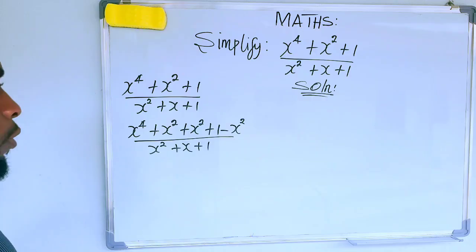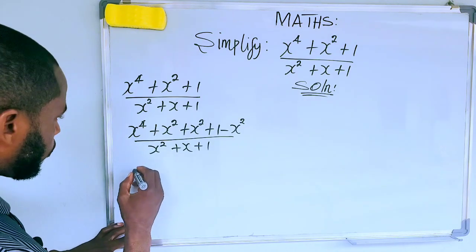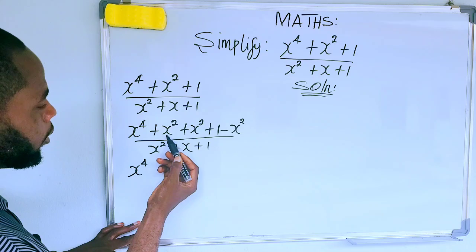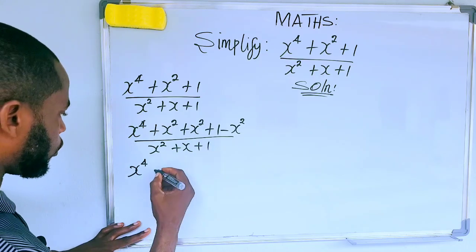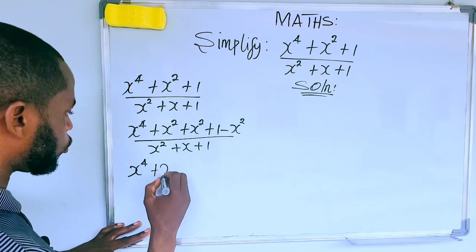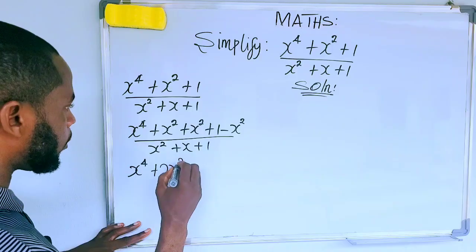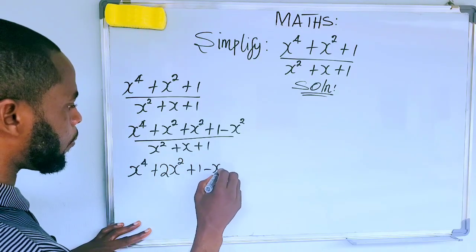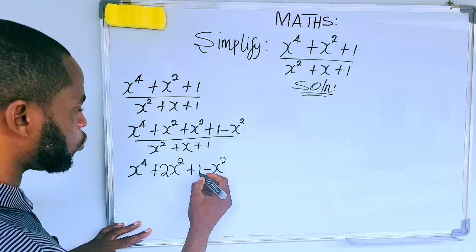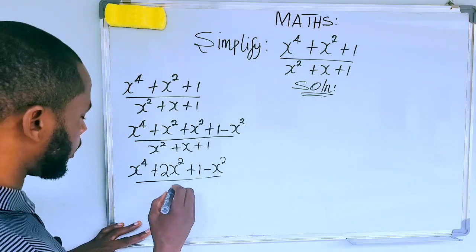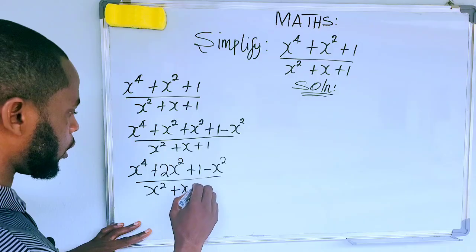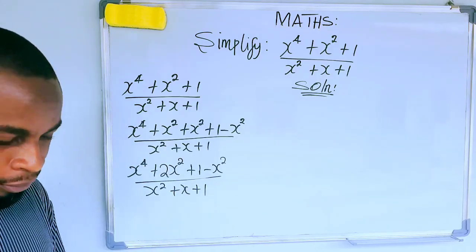When we simplify this further, we are going to have x to the power of 4 plus x to the power of 2 plus x to the power of 2, that will give us plus 2x to the power of 2 plus 1 minus x to the power of 2, divided by x to the power of 2 plus x plus 1.